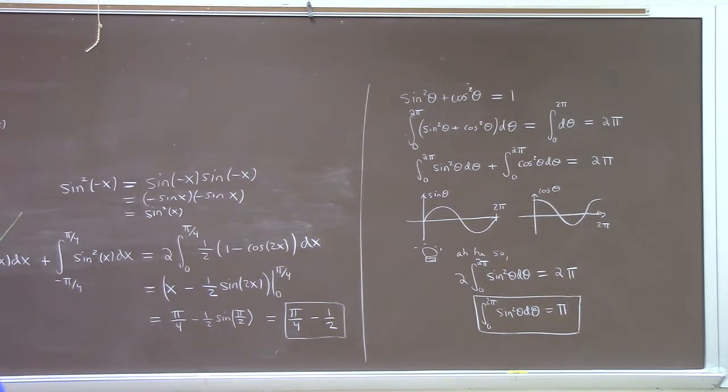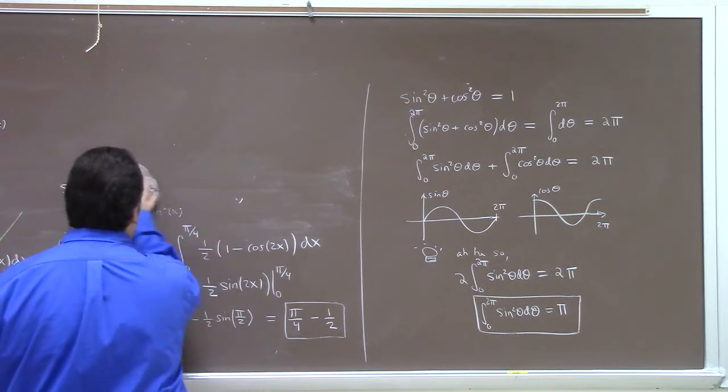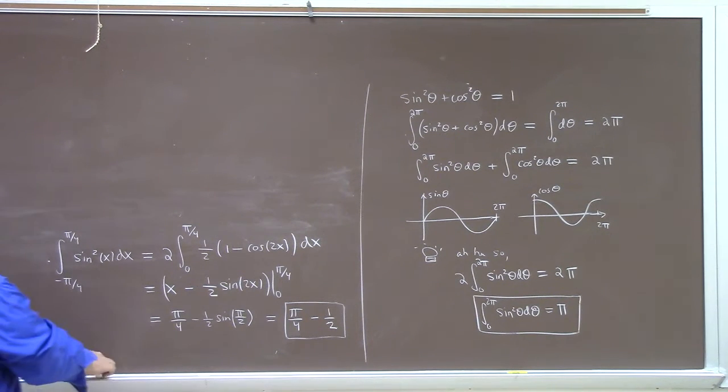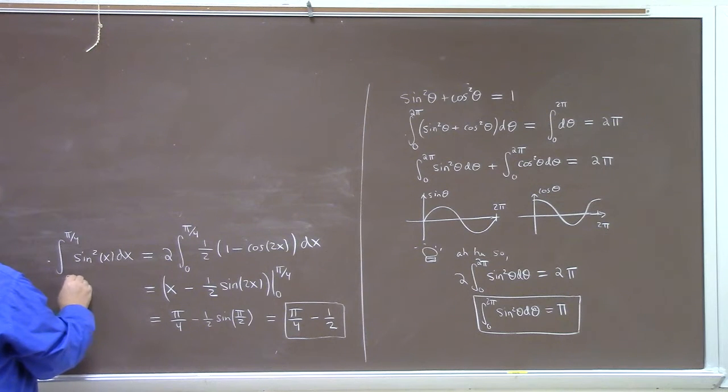Now, of course, you can actually do the calculation, right? You can actually integrate from 0 to 2 pi of sine squared theta d theta. I'll do that over here. So instead of doing this, I do 0 to 2 pi, yeah?